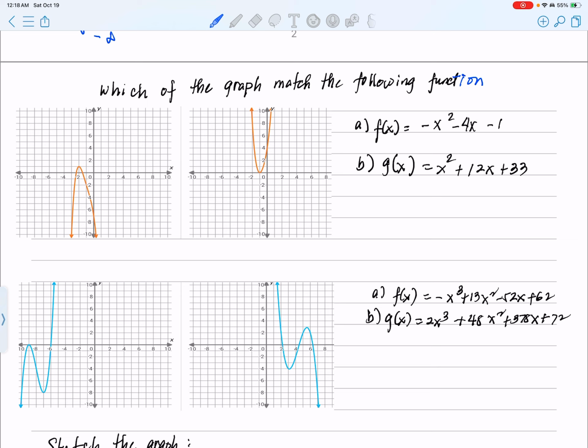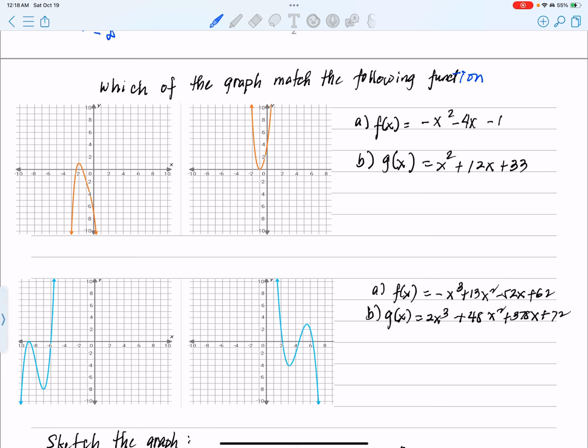If we look at the function of A, I mean, f of x is negative x squared minus 4x minus 1. All right. Negative. The degree here is 2. Both of them have the degree is even, right?